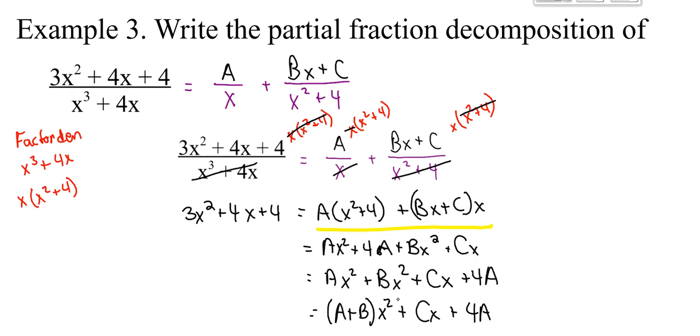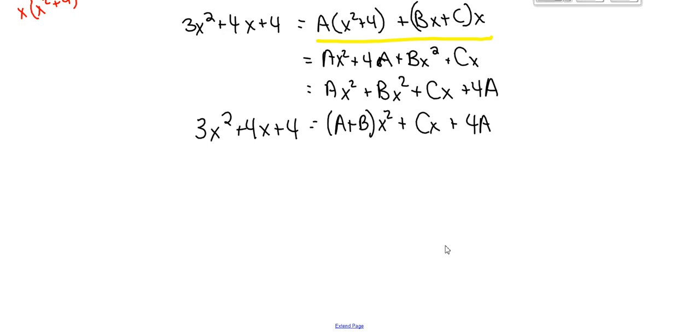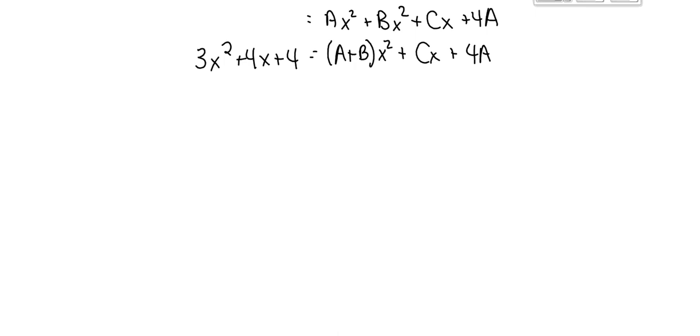I'm just going to move the left side down. So 3x squared plus 4x plus 4 is my situation right now. Again, I need to figure out what A, B, and C are. So now I'm going to do this matching game. On the left, my coefficient of x squared is 3.